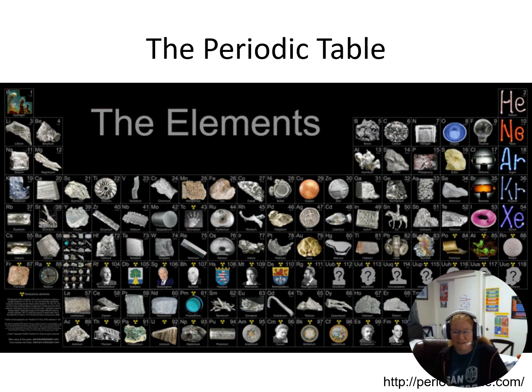So here's just a visual of a lot of the different elements. There's this dude, Theodore Gray. He's written some books. He has an app that does some cool stuff. So he's got samples of all the elements, and so this is just a picture of all the known elements. When we get into the stuff that we've created with particle accelerators, you can see when you look at things like BK and CF, berkelium, californium, we don't actually have samples of those.